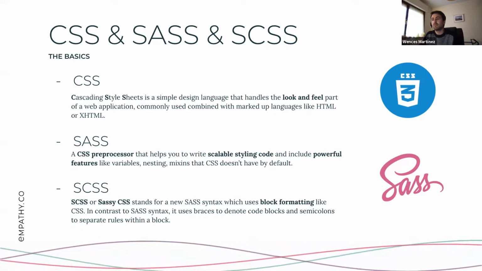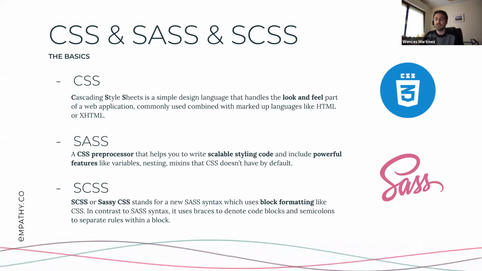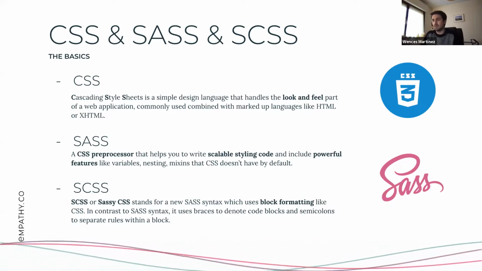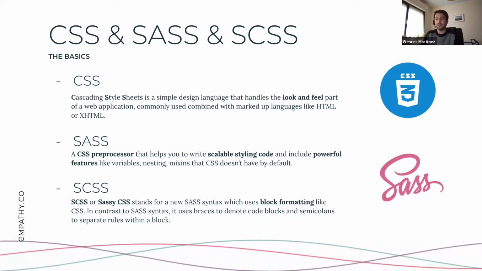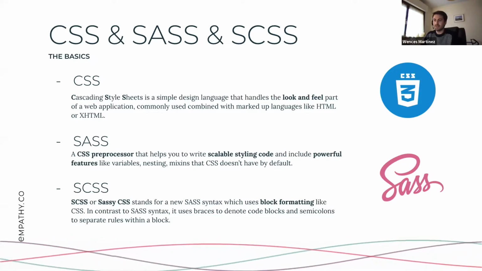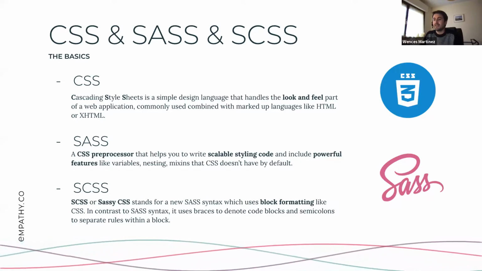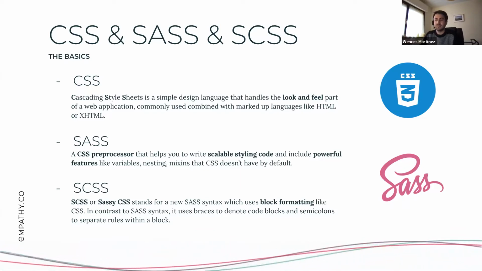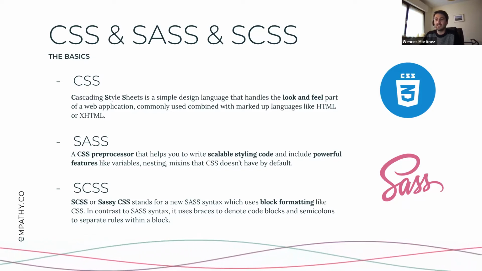It's a powerful way to write our CSS in a form that makes the code reusable and more readable by you in the future or by other developers if you are doing a shared project.